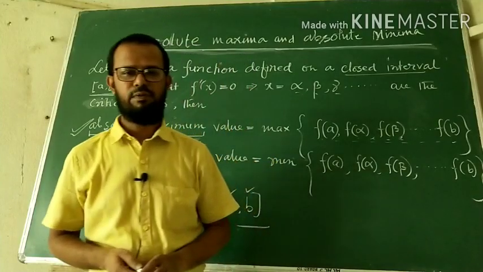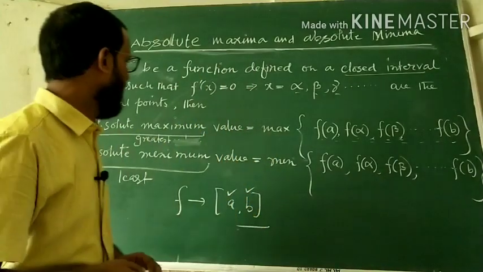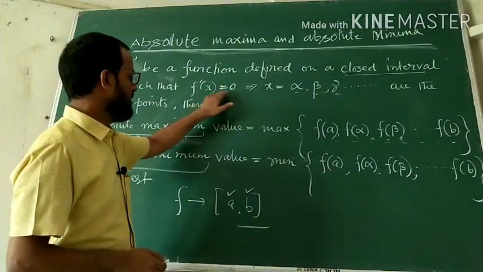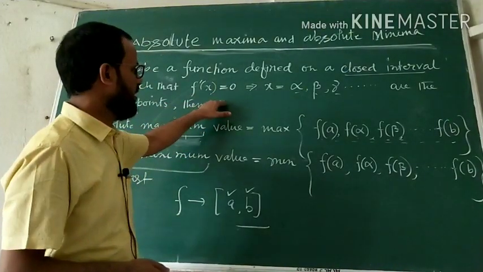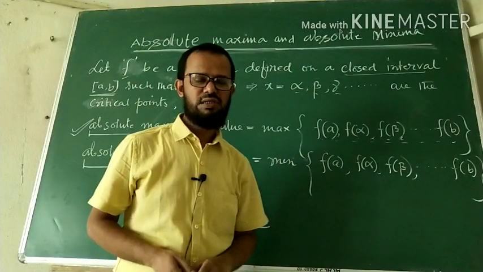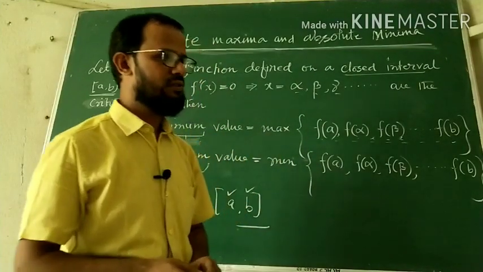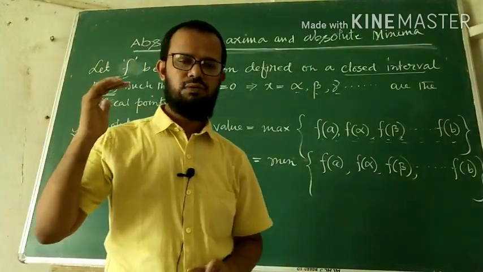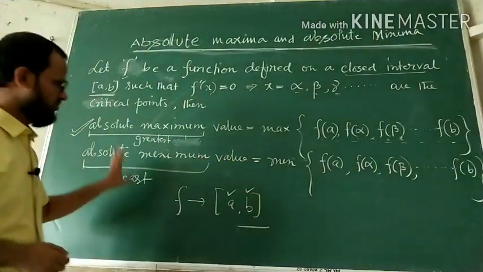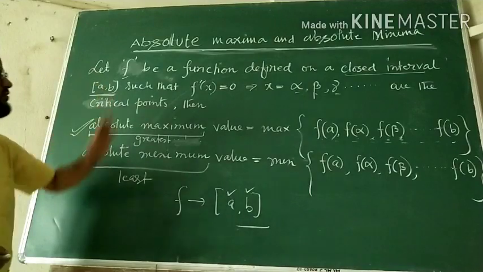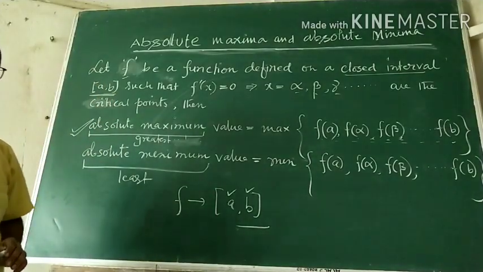How to get the critical points? You find f dash x and put f dash x equal to 0, which is the necessary condition for maxima and minima. You will get some critical points, and at these critical points you have to find the functional value. This is the basic idea about absolute maximum and absolute minimum value.